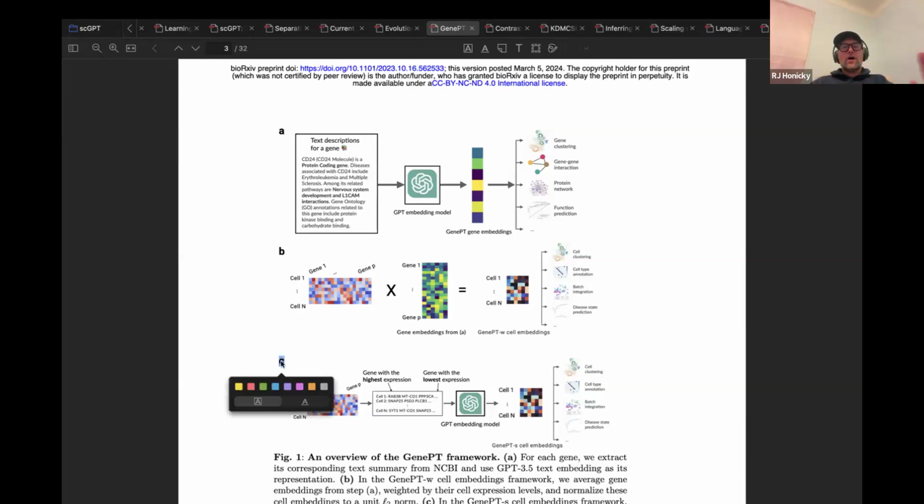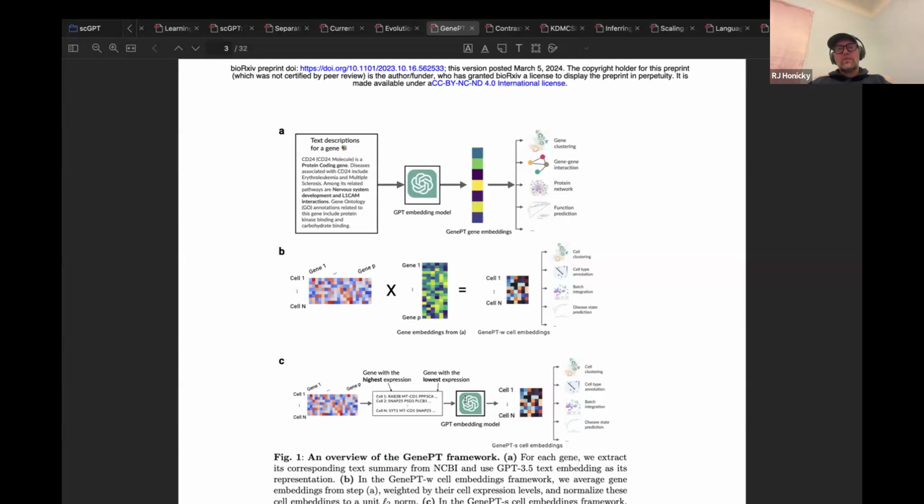there's a second mechanism that they also tried. So C is just another way of doing this, where it's even simpler. They look at the 1,000 highest expressed genes, and then they just put their names into a string, and it starts with like "cell one," or in reality a slightly longer prompt, and it just says, here are all the 1,000 most expressed genes in this cell, right?